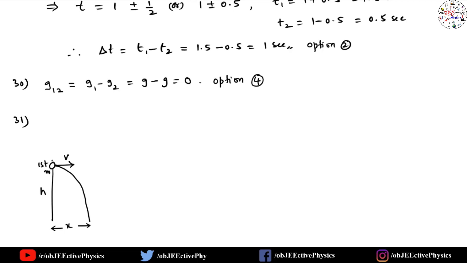Next, the second body of mass 2m is projected from a height 2h, that is h plus h, with a certain velocity that we should estimate. Let us assume that velocity is v1, and this second body touches the ground at 2x distance from the foot of the tower, x plus x. This is the question.